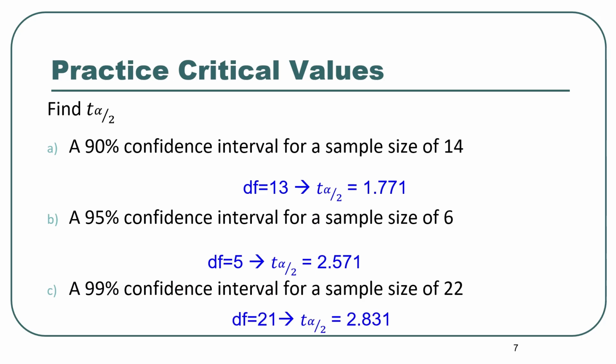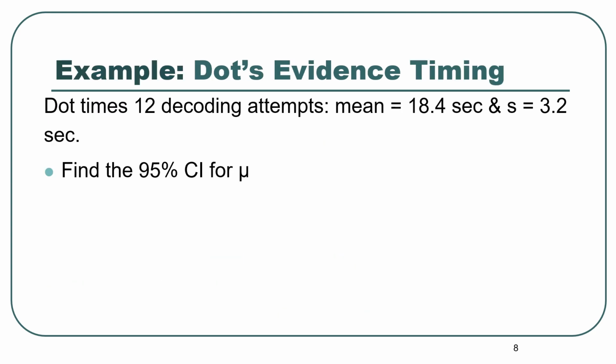And lastly, you can also find the critical value when n is equal to 22, and you want a confidence level of 99% in the confidence interval that you are creating to estimate the unknown mean, or the true mean.